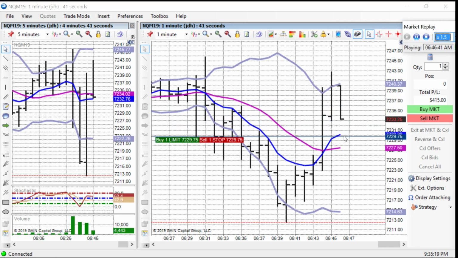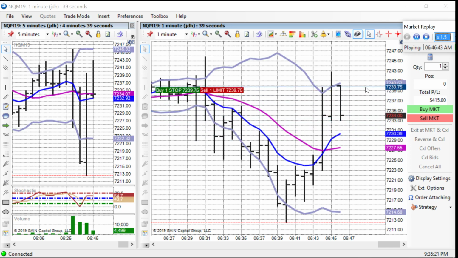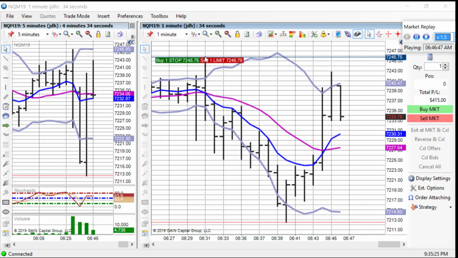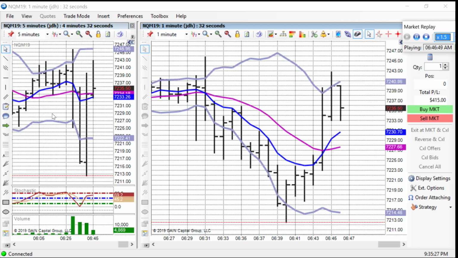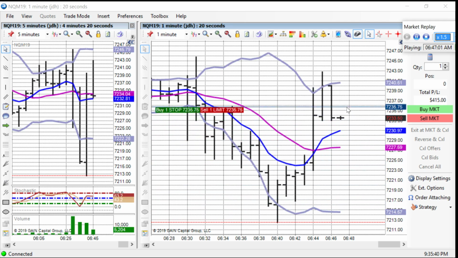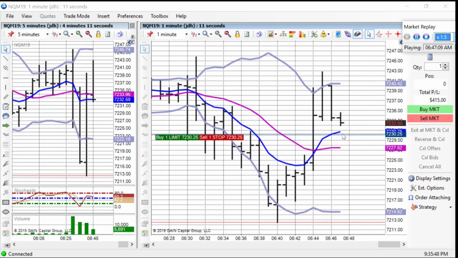Now, if this were to start, let's say, moving upward and break above this resistance area, this last high here, and we can see the market in general is sideways. If you look on the 5-minute chart, it's moving sideways. That tells me it's a large trading range, and so I'm not going to try to go long at this next price bar, especially until I see it hit the 80 MA line.